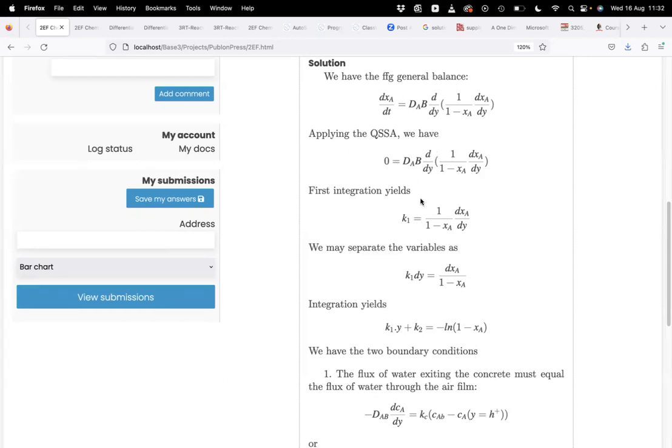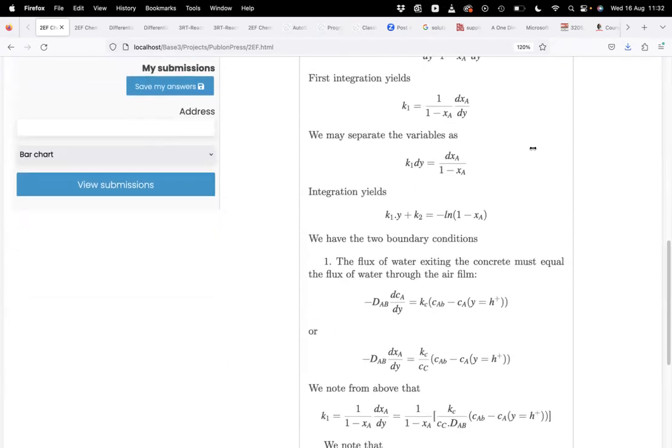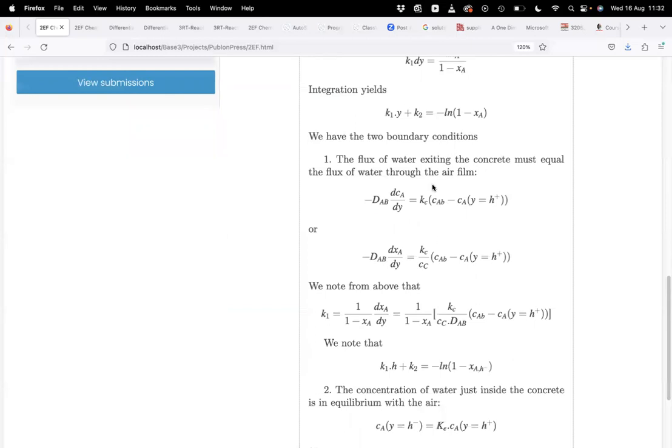So the first integration gives you a constant, and the second integration, if you separate the variables, gives us this. So this is the same as what we saw on the Monday, right? But now we want to use these film boundary conditions instead. So we said we've got Kc times delta Ca, divided by 1 minus Xa.